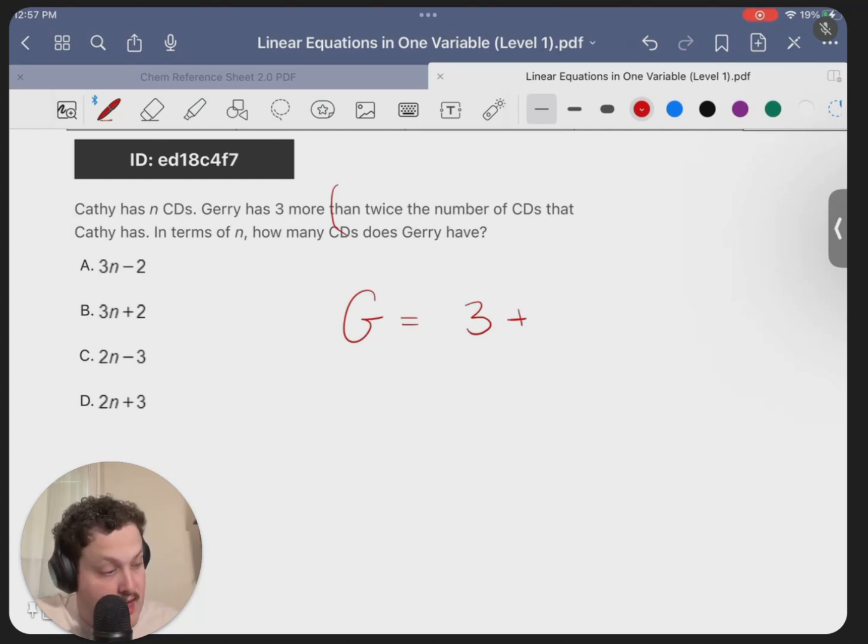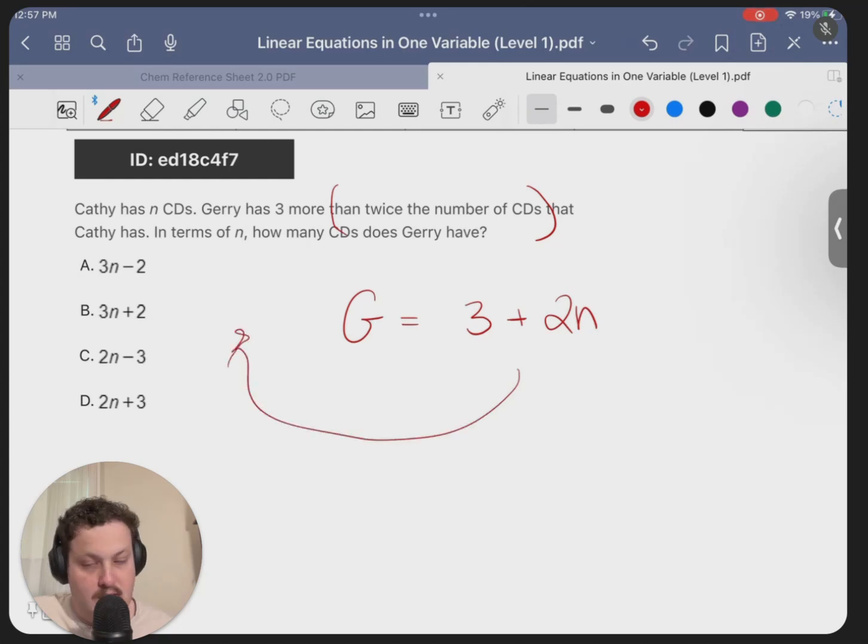Then twice the number that Kathy has. All right. And then due to the properties of algebra, addition you can flip-flop. So I believe the answer would be D.